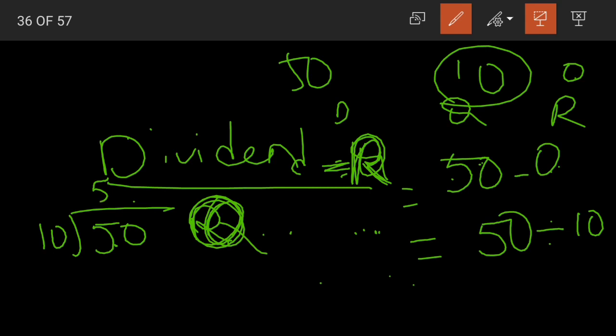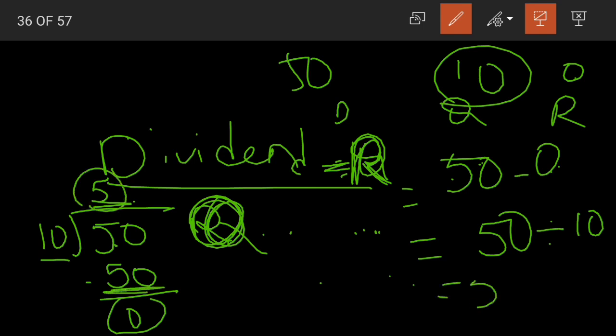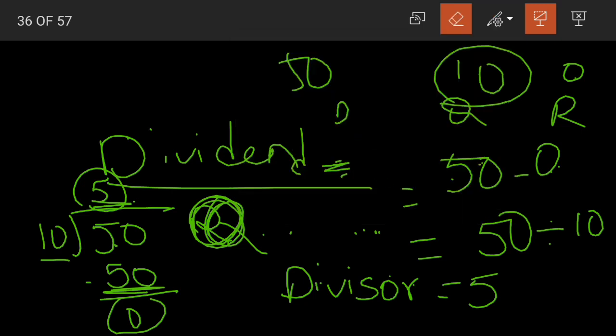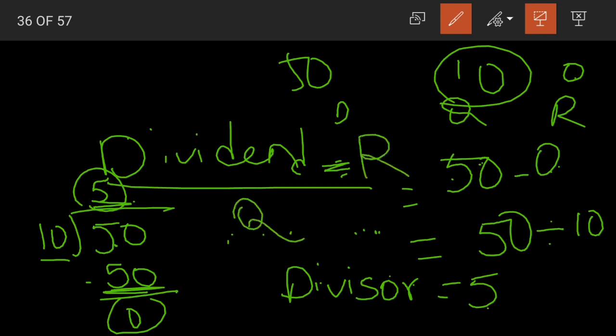We know that 10 fives are 50. So our answer is 5. Now what is this answer? This answer is our divisor.